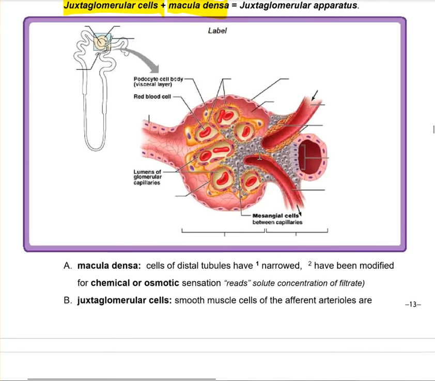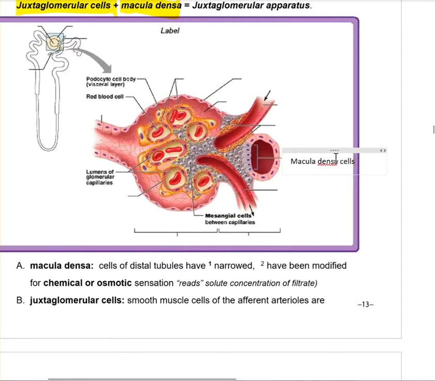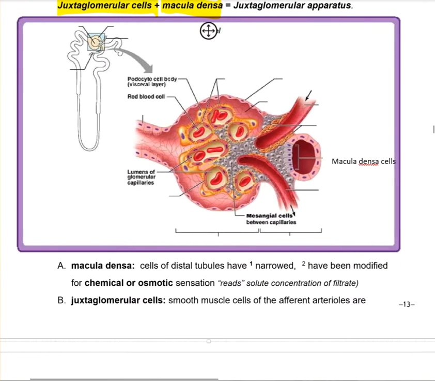Now the macula densa cells are the ones right here at the distal convoluted tubule, and these are the ones checking for the chemical or osmotic sensation, whether there's enough sodium or not enough sodium. And then the juxtaglomerular cells are the ones that are going to release renin.